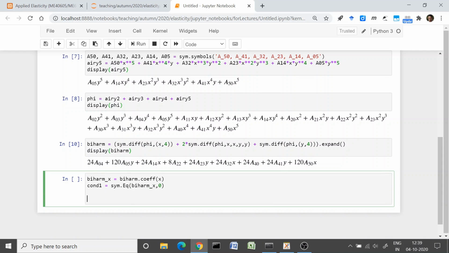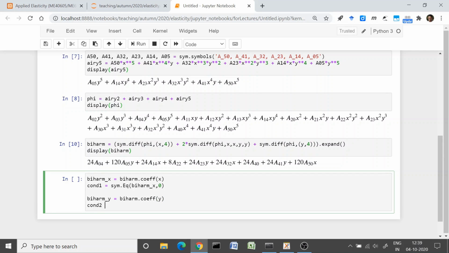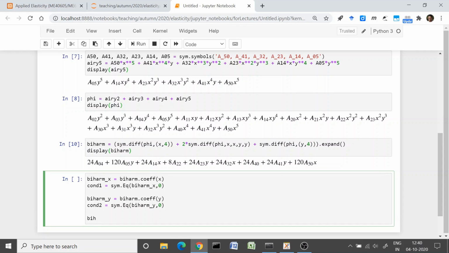In a similar fashion, we'll have the biharm y, which is basically extracting the coefficients of y, set as condition 2. This will be another equation. And finally, the biharm, let's call it biharm 0, just to denote that these are the terms which are the coefficients of x to the power 0 or y to the power 0. That's what this 0 signifies.